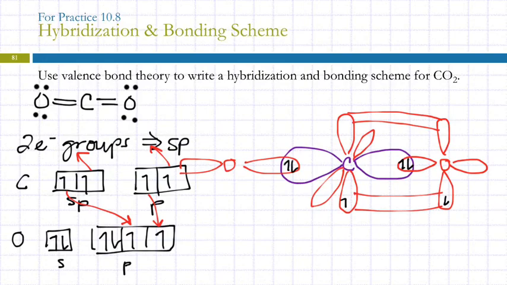Oxygen overlapping its p orbital with the sp orbital from carbon. And then one of its p orbitals is a lone pair. The other is going to make a bond with carbon. Well, the up and down one is already busy bonding with the other oxygen. So we're going to need to use the in and out orbital.